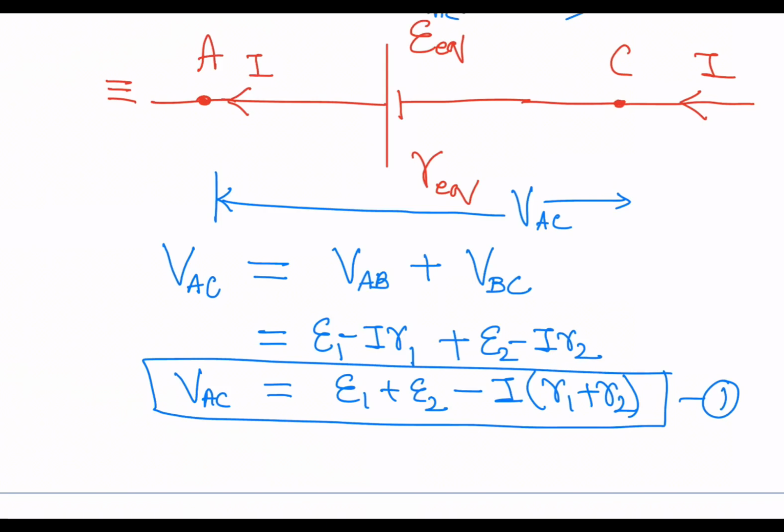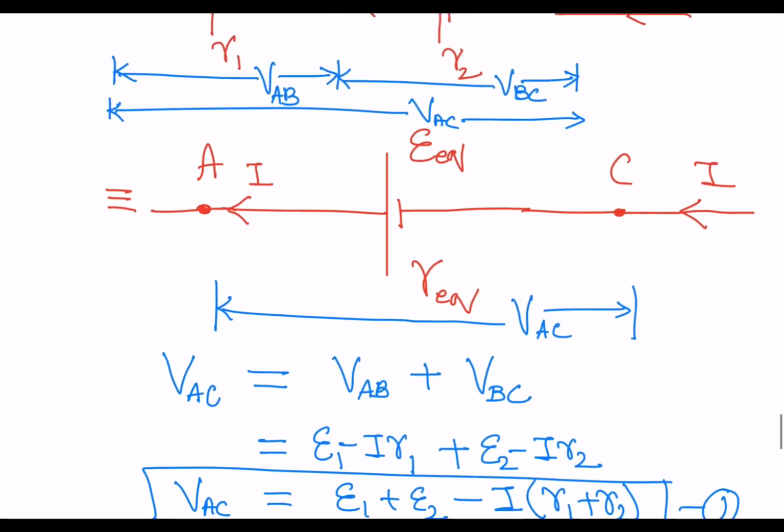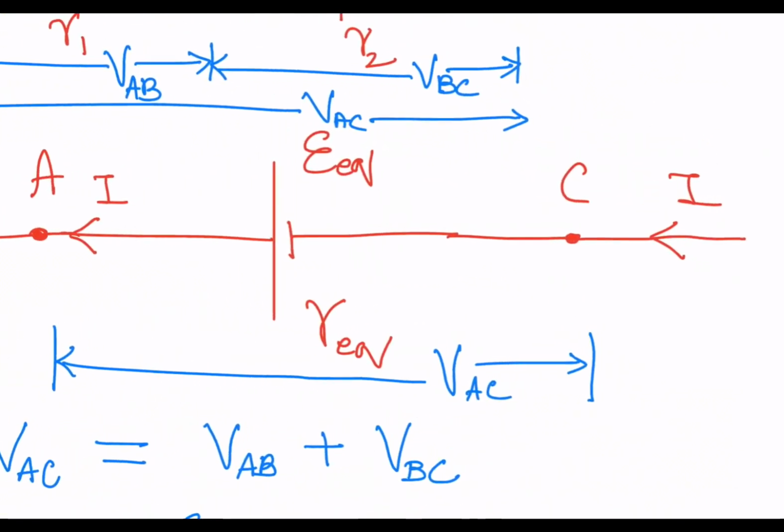Similarly, for the equivalent cell, VAC can be written as E equivalent minus I into R equivalent.